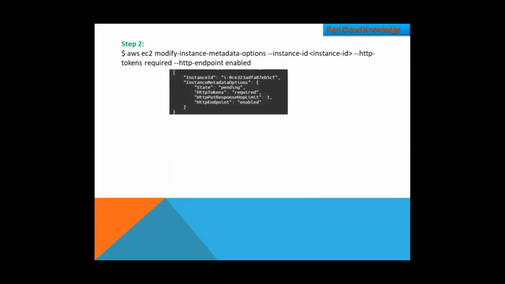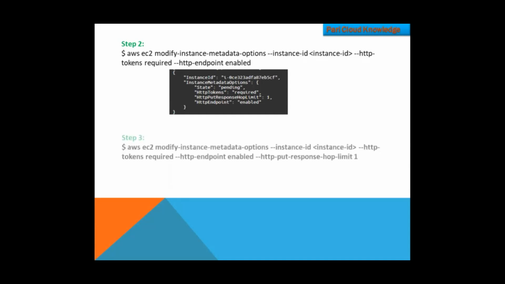I'll paste it in the chat also. If you execute this command, you will get the instance ID and instance metadata options. In the state it will show pending, and in HTTP tokens it will show required. Now let's move to the next slide.